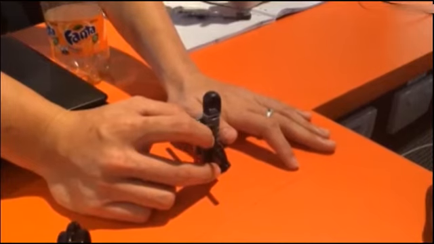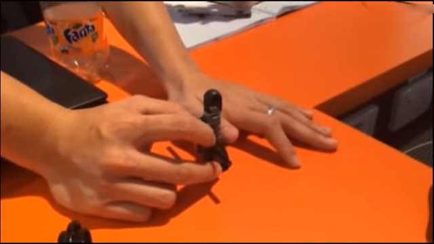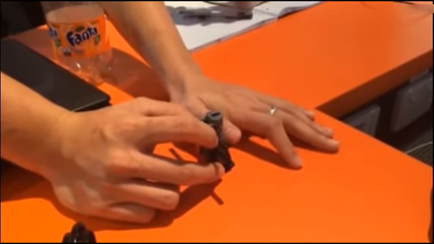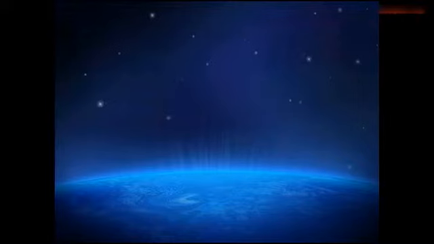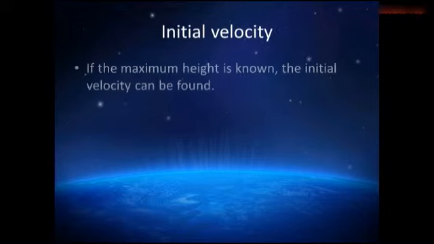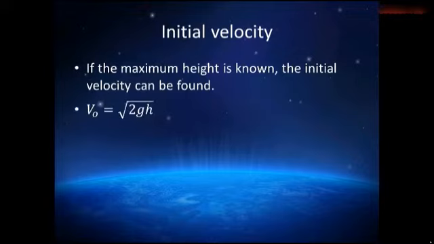After doing that, we can figure out the maximum height. If the maximum height is known, the initial velocity can be found. v0 equals the square root of 2gh.